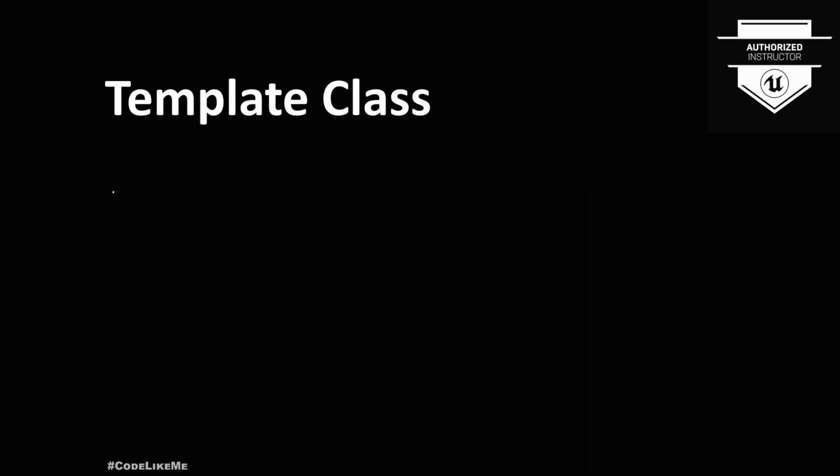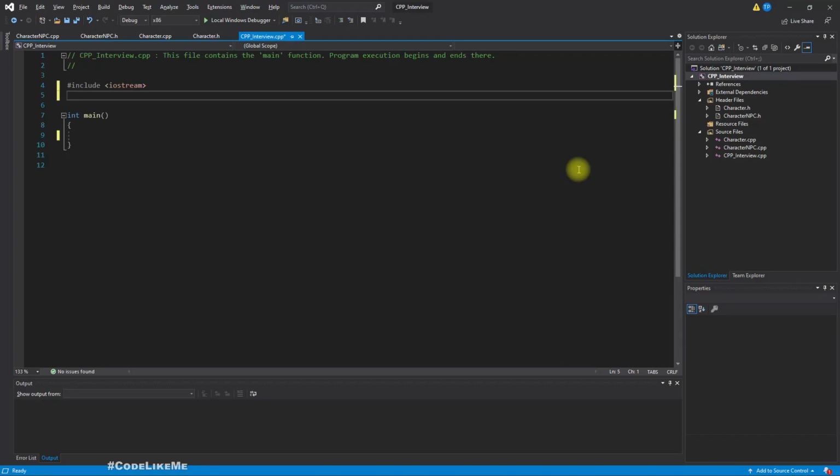The reason we are using templates is, for example, think of a function that returns the max value when we give two values. We should be able to give two integer values, or two double values, or two float values. Whatever values we give, it should determine the maximum value and return it.